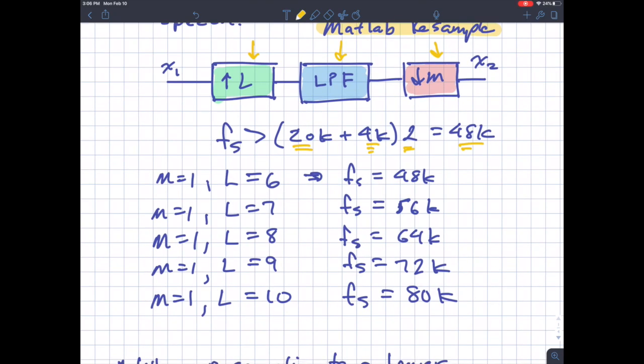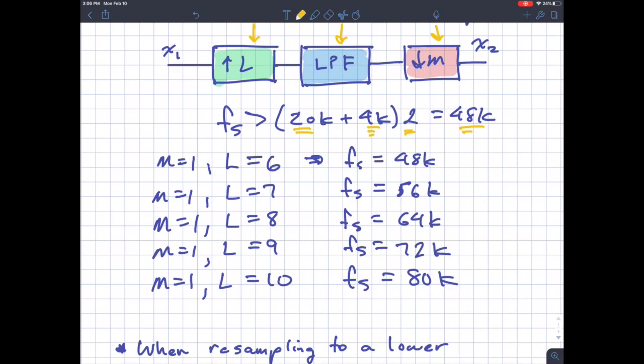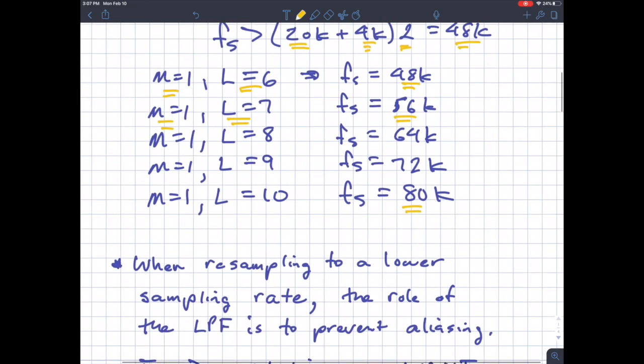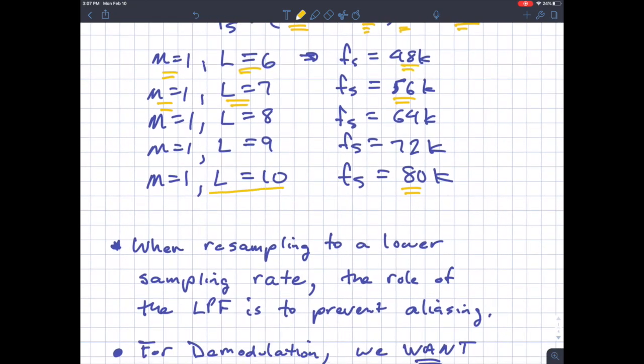Alright, so you had several choices that would have worked. I didn't specify which upsample factor to use. If you did M equals 1 and L equals 6, you would get 48K. If you do M equals 1, L equals 7, 56K, and so forth and so on, all the way up to 80K if you used L equal 10.